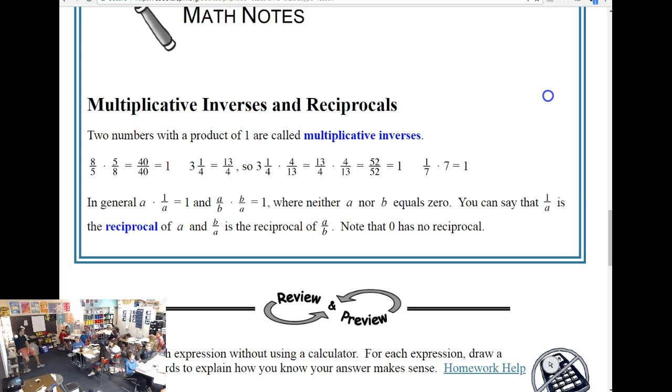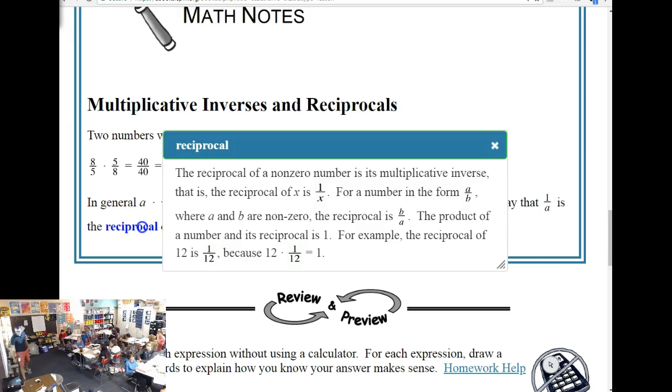Even if I start with a mixed number, like 3 1/4, which turns into 13/4, I then flip it, and when I multiply by that, I get 1. So one of the biggest ways that we can remember reciprocal is, and this is kind of lame, but refliprocal. When you see reciprocal, you should think refliprocal.